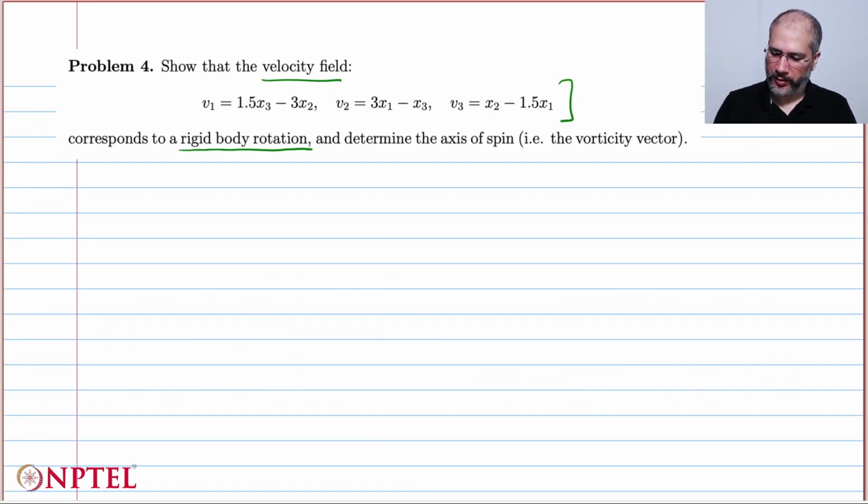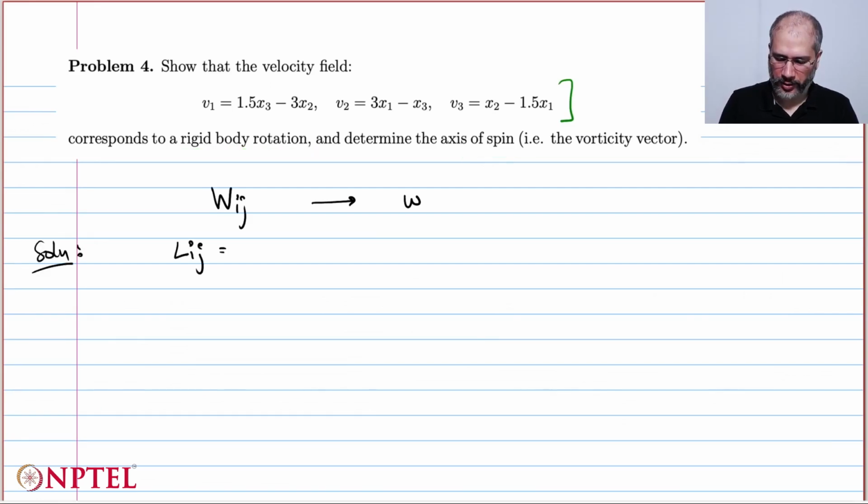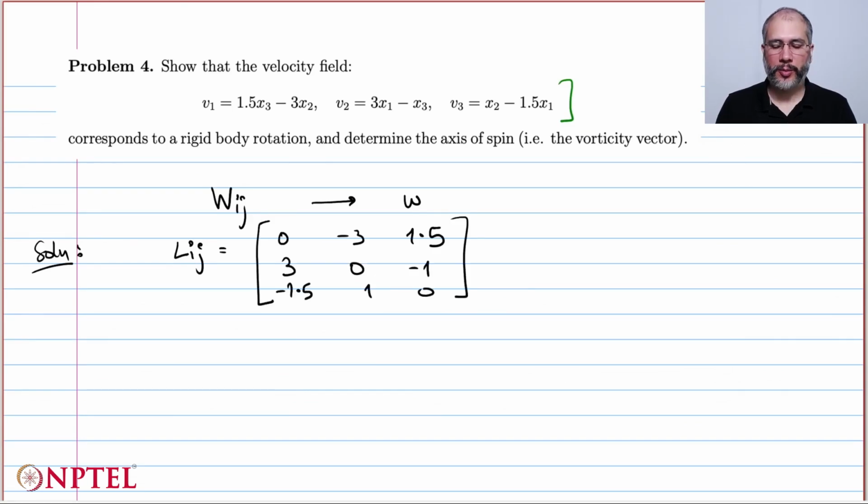And we have to determine the axis of spin, that is for the vorticity tensor wij, we have to find the vorticity vector omega. So first let us find Lij, which comes to be this, and we can clearly see that this is skew symmetric. So this is actually equal to wij, that's already given, and d is therefore 0.